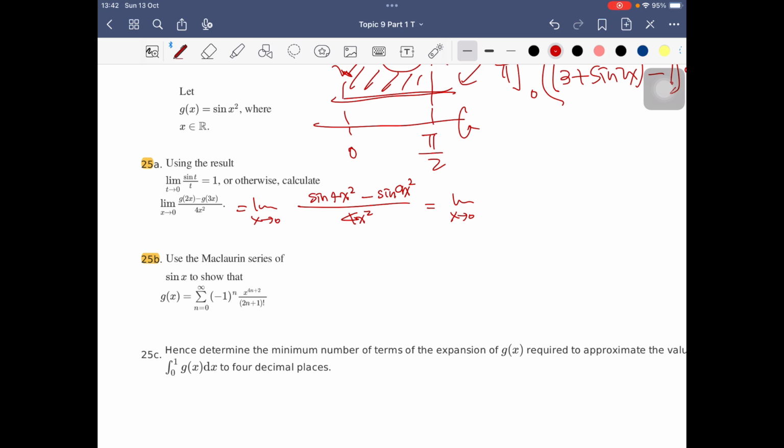So here, 4x squared, this is 4x squared, but 9x squared, because here the hint shows t and t, which is the same. So this becomes 1. But this cannot be 1, so let's take out 4.